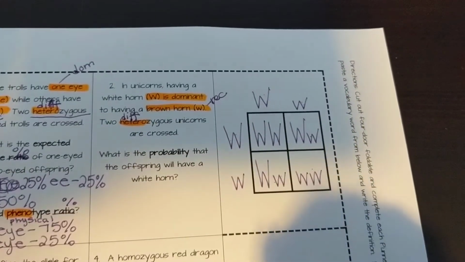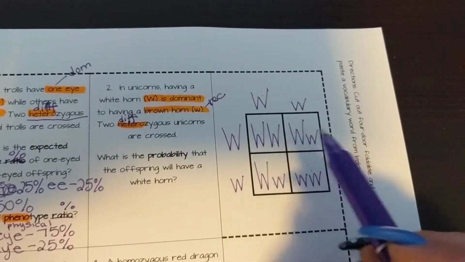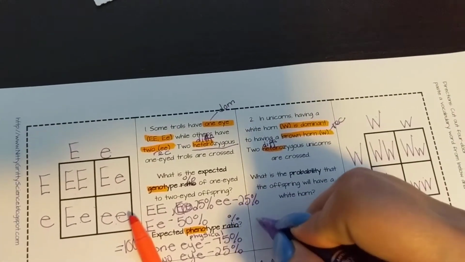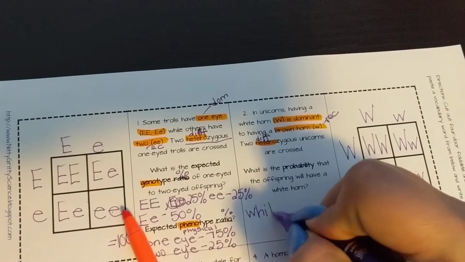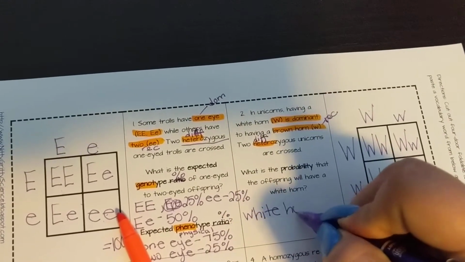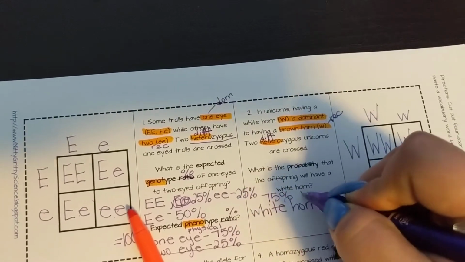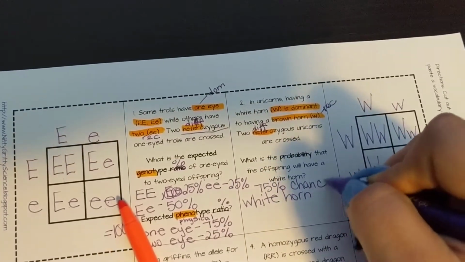Remember, the Punnett square is worth 100%, and so 3 squares out of the 100% would be a 75%. So my answer for this is that I have a 75% chance of having a white horn.